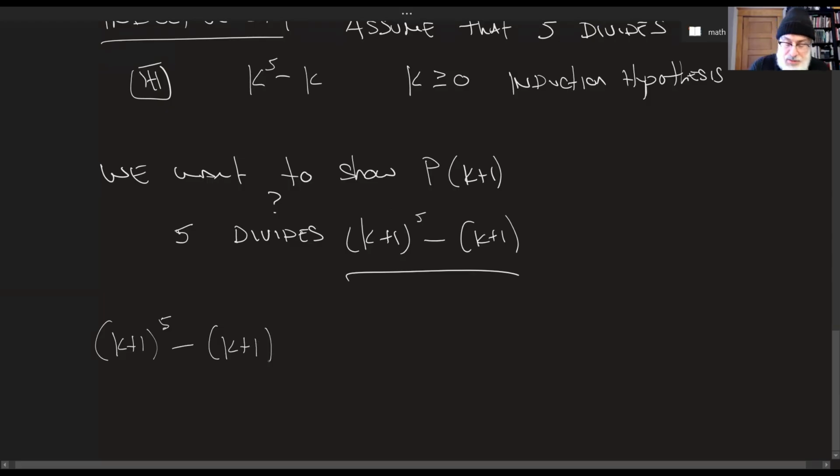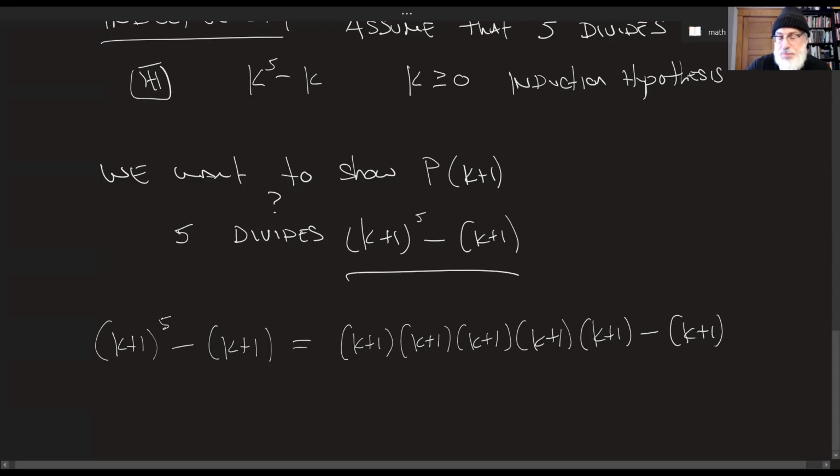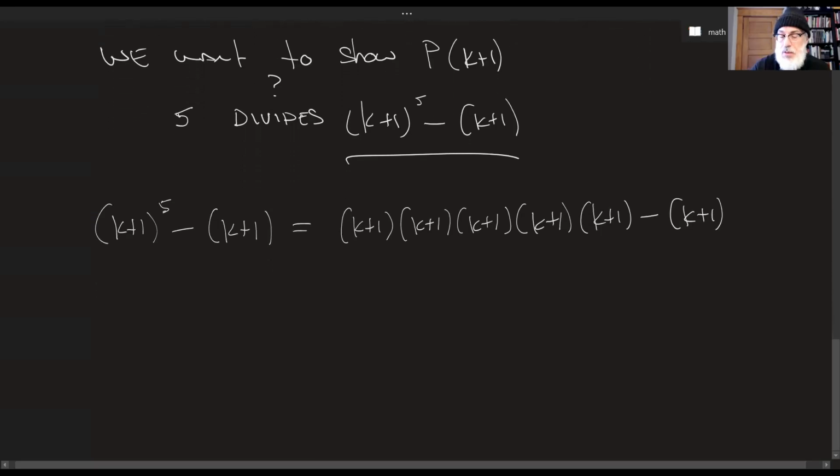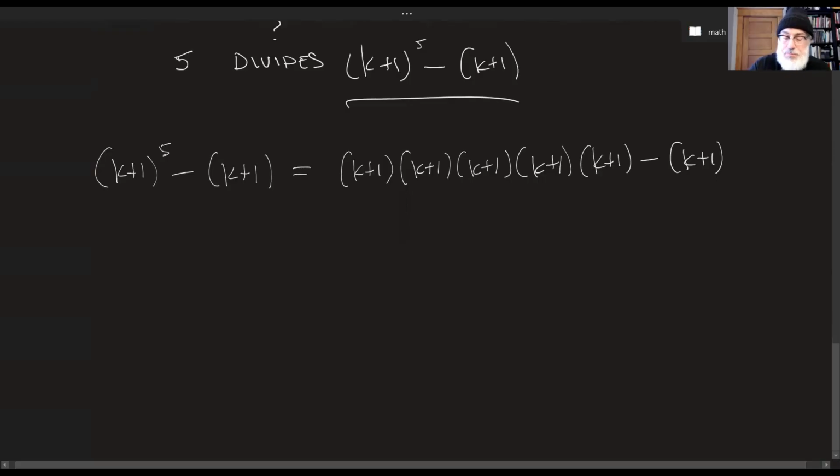What this means literally is that I'm taking k plus 1 and multiplying it by itself 5 times, minus (k+1). Now, we've done a video where we explain how to multiply polynomials using FOIL distribution. You can review that. I'll put a link in the description.